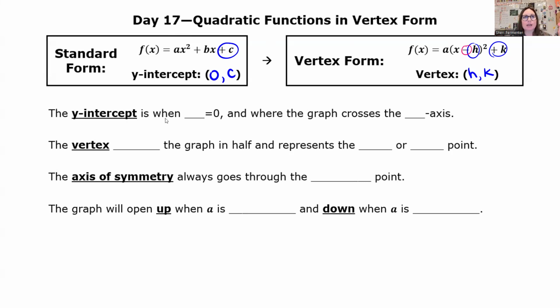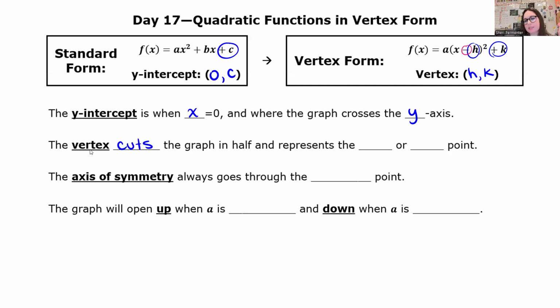So the y-intercept is when x is equal to 0. And it's where the graph crosses the y-axis. It's the y-intercept. The vertex cuts the graph in half.